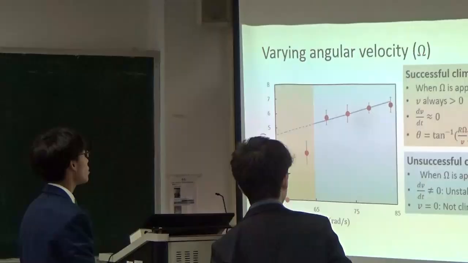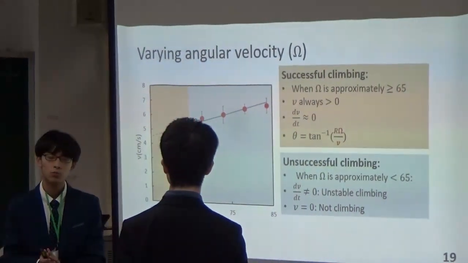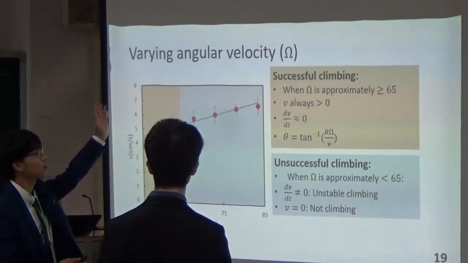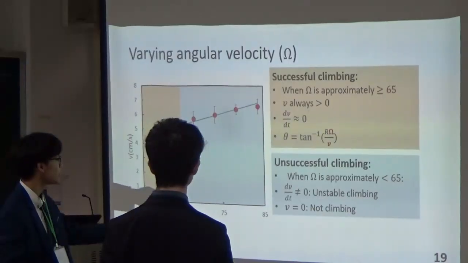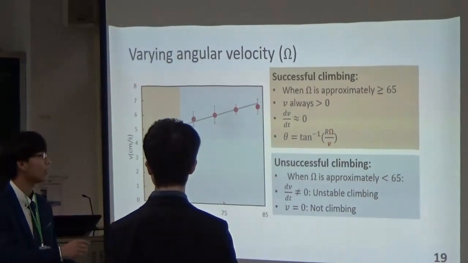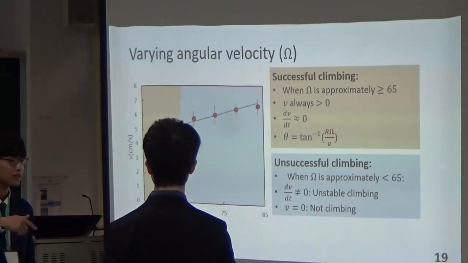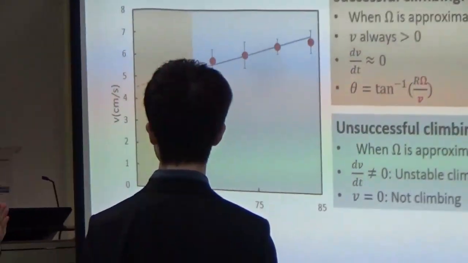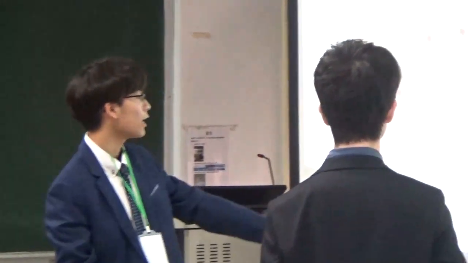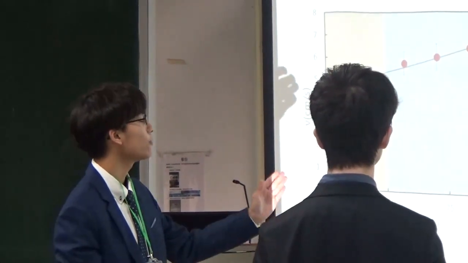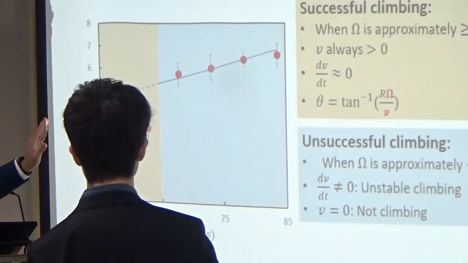Okay. So after experiments, we found a boundary condition for the angular velocity. We found that after 65 radians per second, which is capital omega, how fast the ferromagnetic rod spins, if it spins faster than 65, then the experiments fit our theory line.